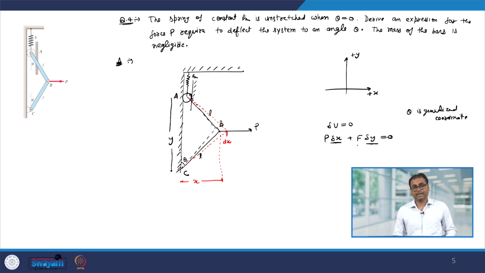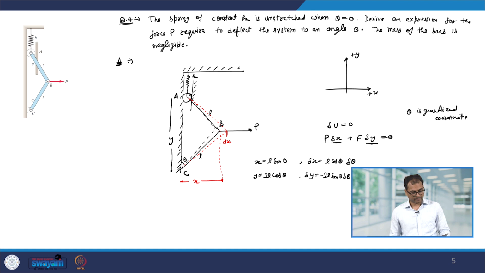Therefore, this delta x and delta y we have to write down in terms of theta. So, let us look at the relation between x, y and theta. From the geometry, x equals L sin theta and y will be 2L cos theta. Therefore, delta x will be L cos theta delta theta and delta y will be minus 2L sin theta delta theta.